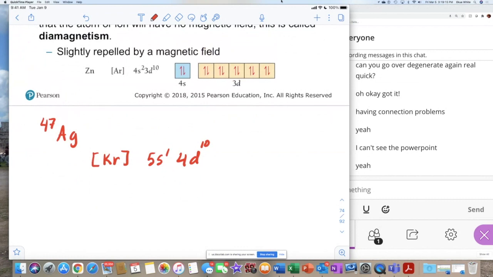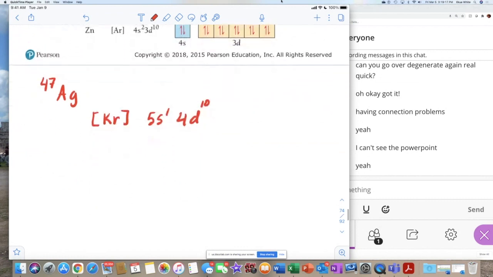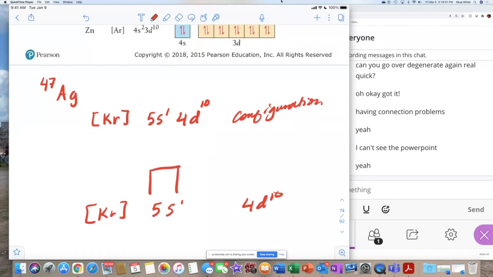If you want to see it even further, you want to draw the orbital diagram. So this right here is the configuration. In the orbital diagram, the shorthand is Kr like this. And then we have the 5s first, 5s1, and then 4d10. I'm going to draw this as a box, one box for the orbital. And remember the d sublevel has 5 orbitals, so I'm going to draw all 5 of them. Remember they're degenerate. 1, 2, 3, 4, 5.